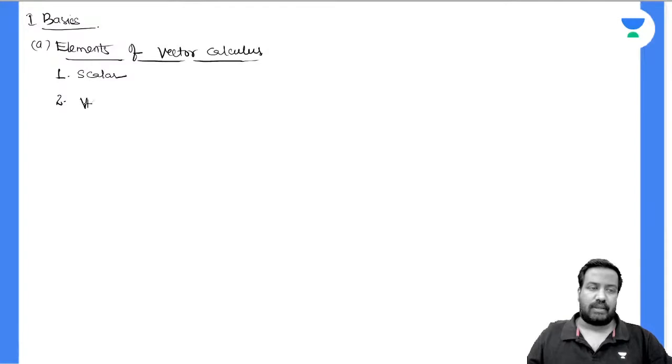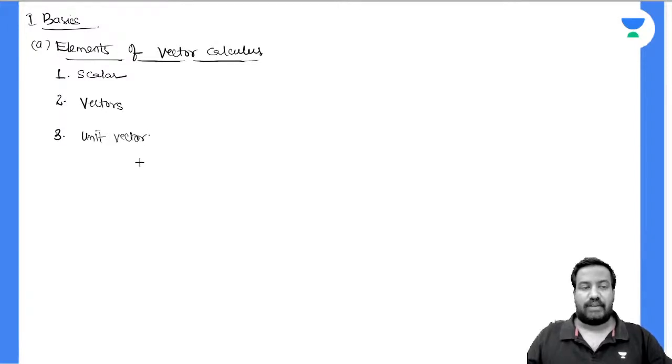Why it is a scalar, I explained in the playlist very clearly. Please go through it. Then the vectors are like acceleration, velocity, displacement, force, torque, current densities, dipole moments. All these are vectors, which contain both magnitude and direction. That is a unit vector.